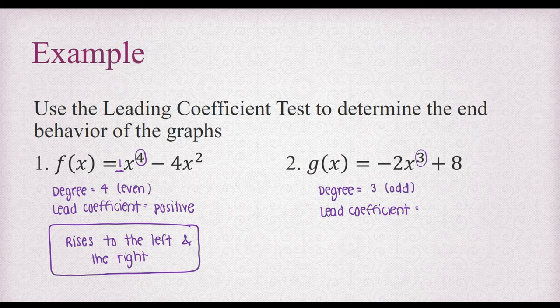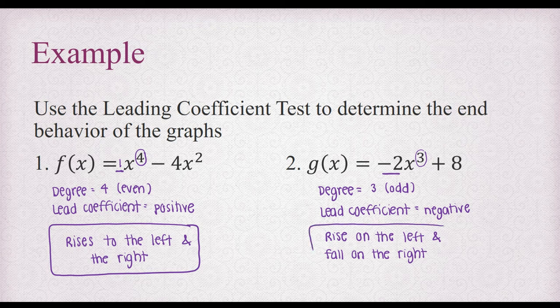That tells us that one side is going to go up and one side is going to go down. If I look at the number that's in front of that, it's a negative 2. So we're dealing with a negative number. When we're dealing with a negative number, that tells us that we are going to rise on the left and we are going to fall on the right.